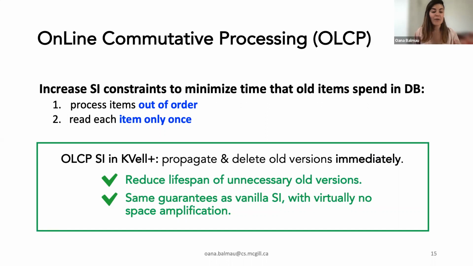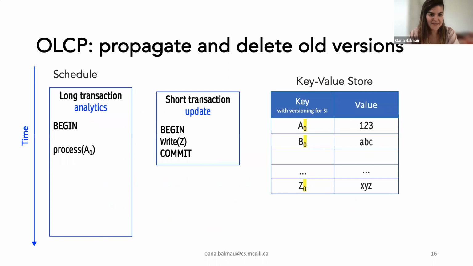Now I want to make clear that this is an add-on to snapshot isolation, and we can always fall back to vanilla snapshot isolation if the analytics that we want to run may require breaking either point 1 or point 2 on this slide. And I will tell you how we do this.